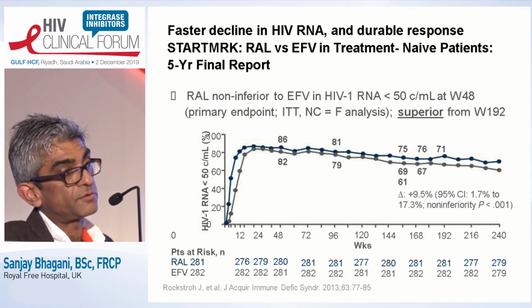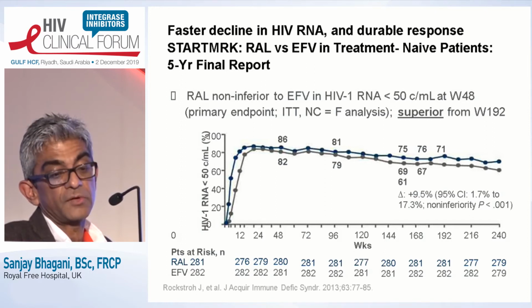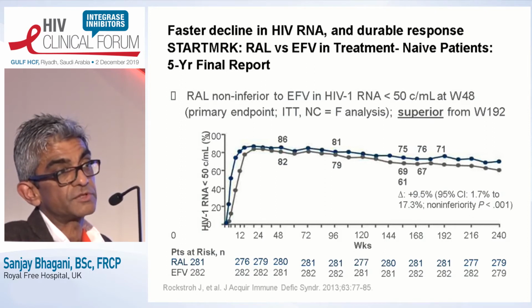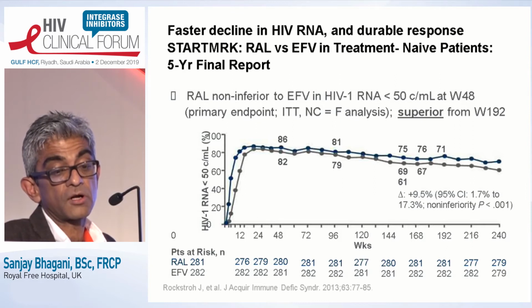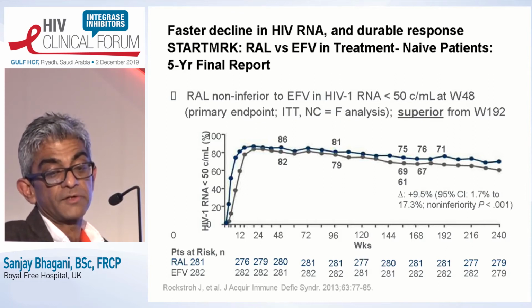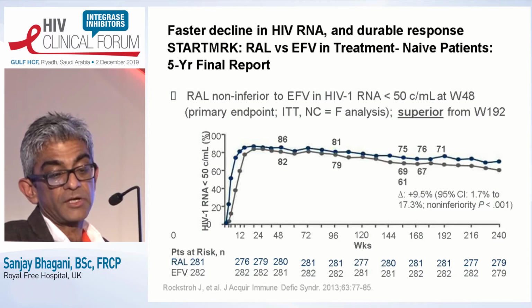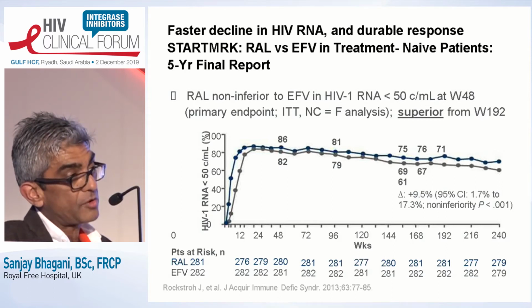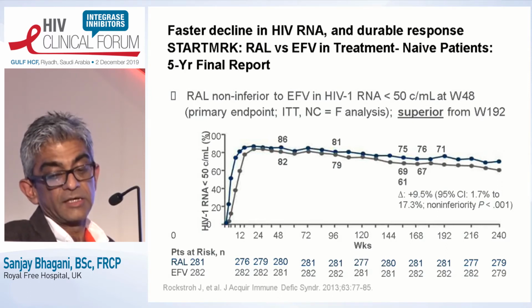This was probably one of the first randomized control trials of an integrase inhibitor, a registration study called STARTMRK, which compared raltegravir versus efavirenz in treatment-naive patients. And in its primary endpoint at week 48, it was non-inferior to efavirenz.